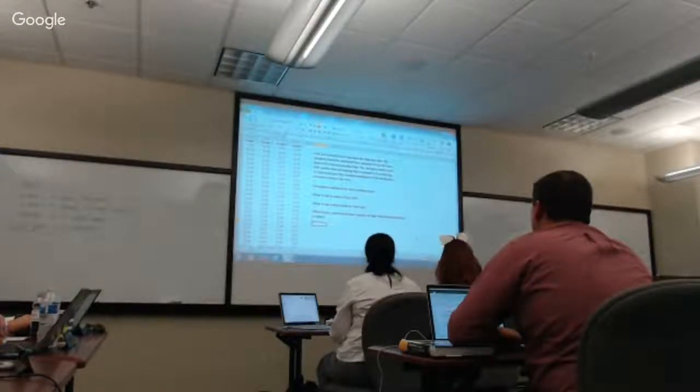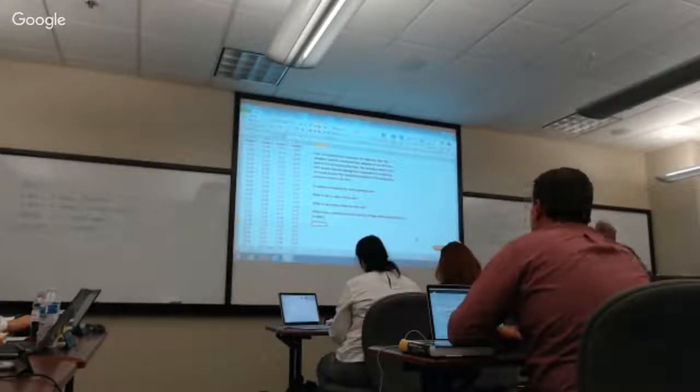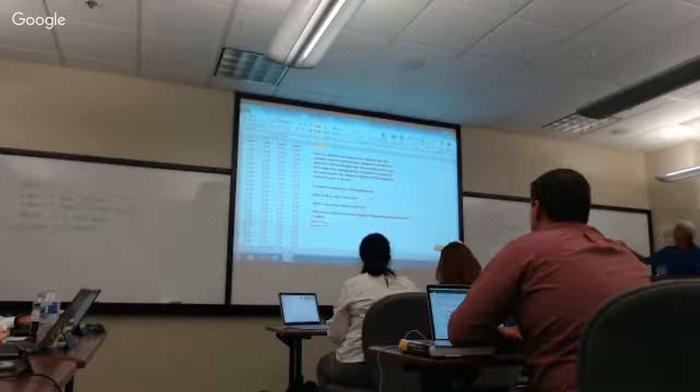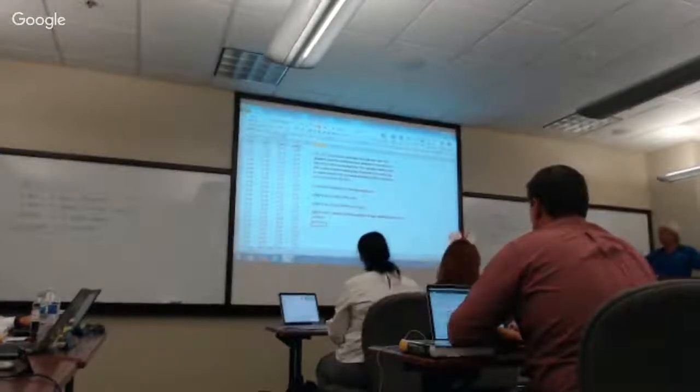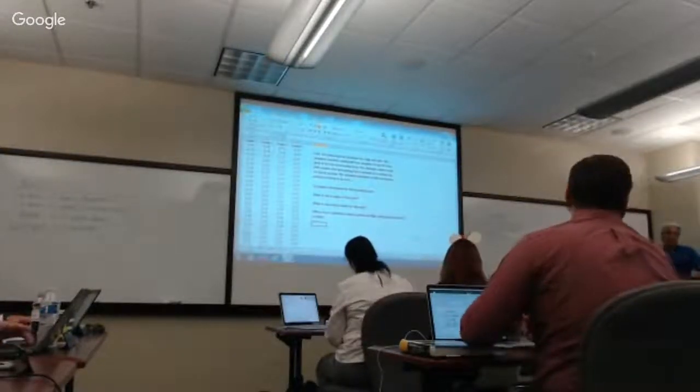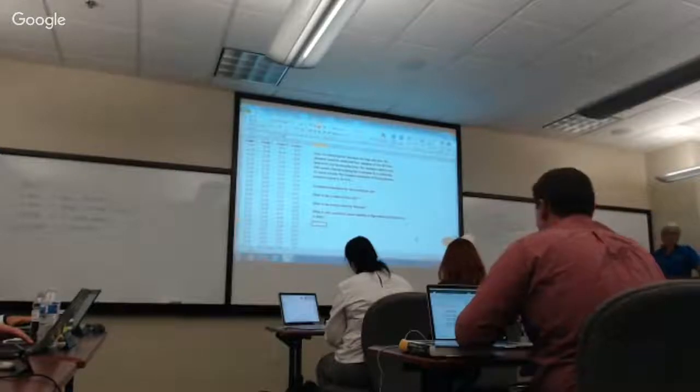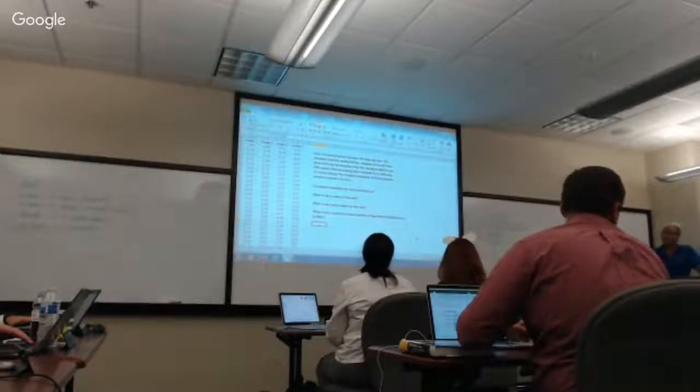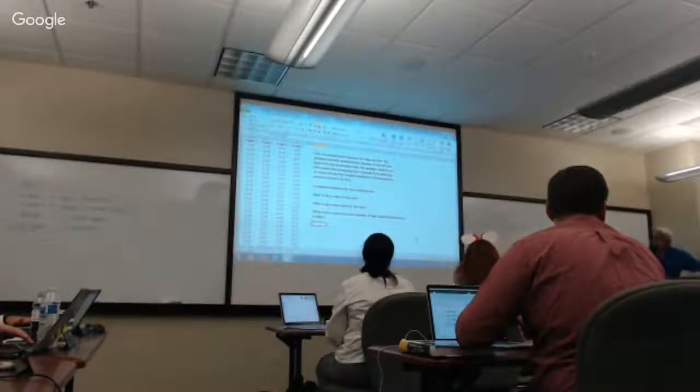So we want to know if they're equal. We're setting up our hypotheses like this. The null hypothesis is that the sample mean is in fact equal to the hypothesized mean of what I said was 12, and the alternative is they're not equal.